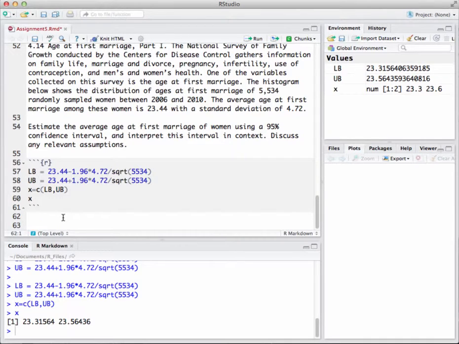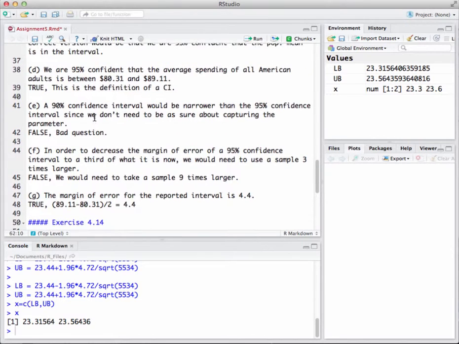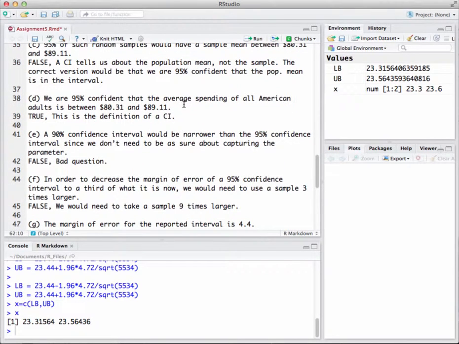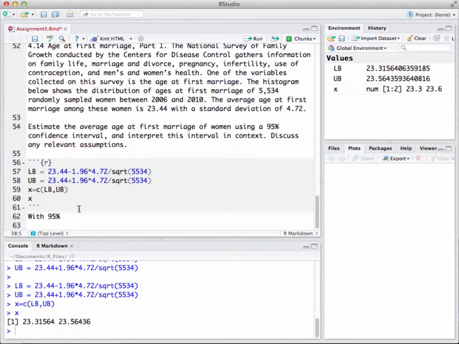Okay. All right. Now, one last thing we need to do, we need to interpret this thing. No confidence interval is complete without any sort of interpretation of it. What does it mean? So with 95% confidence, actually, let me help you out here. Just go back up for just a minute. Remember in the true false, as I said, there is a sentence up here that we want. We can actually just steal this sentence from part D from our true false question. And we can come down here and just modify this to work.